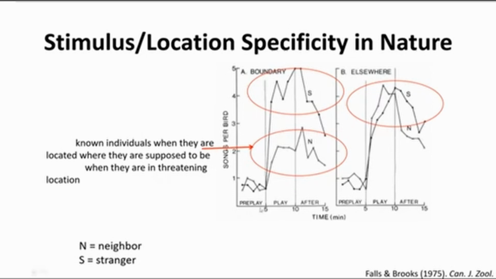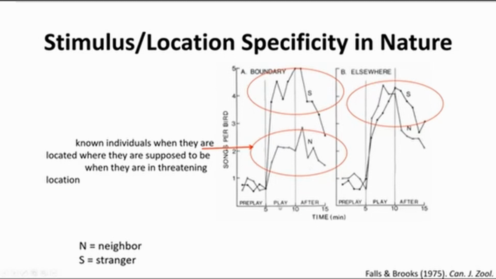At the beginning, they get a baseline. They call it pre-play, which is basically the time before they play back a particular vocalization. This is their baseline. It's how much singing this male does when he's by himself in his territory and there aren't any songs being played. Next, we have the play period.